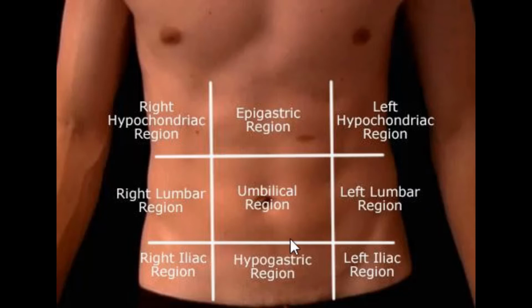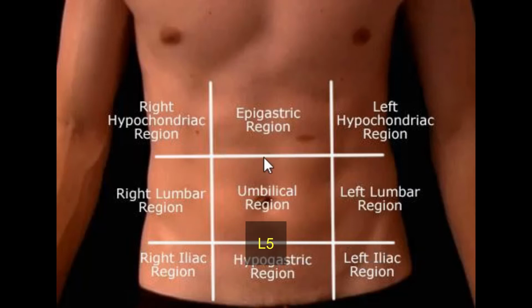And this other transverse plane down below is the transtubercular plane. It corresponds to the line of the tubercles of the iliac crest. So your iliac crest out here corresponds with each other, and that's the transtubercular plane, and it's the upper border of the L5 vertebra.